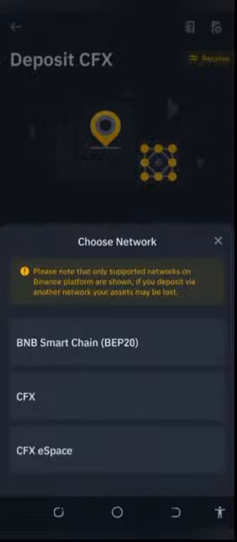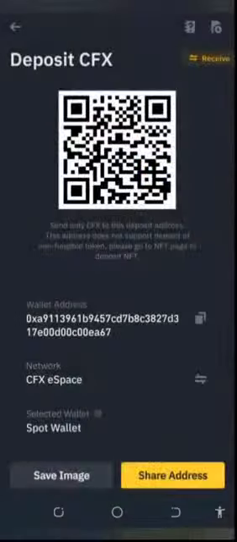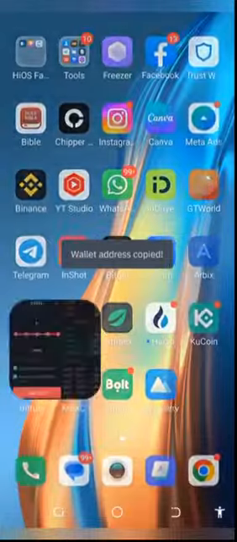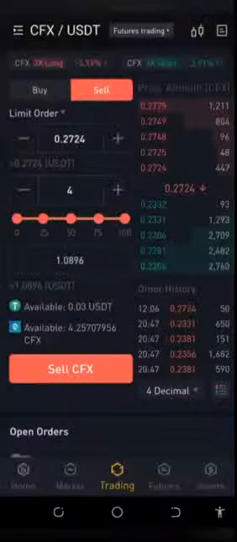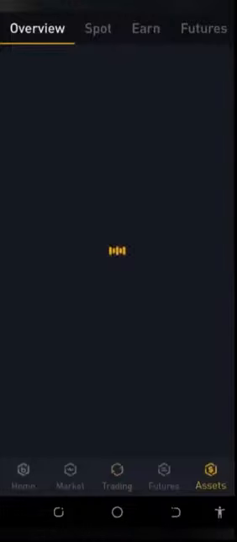Can you see how confusing this is? Can you see how confused I was? Because there's CFX and there's CFX eSpace. Anyway, I'm choosing CFX eSpace, and then I'm just going to copy that, go back to Binance, and send it. That's all I'm going to do. I'm not going to keep it.